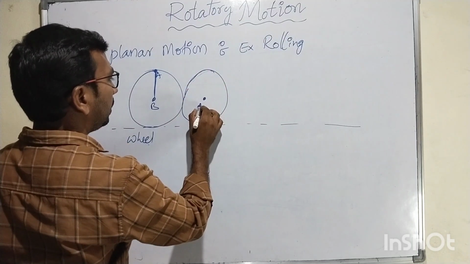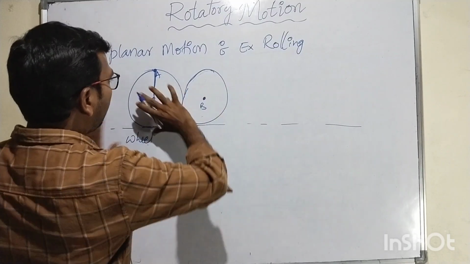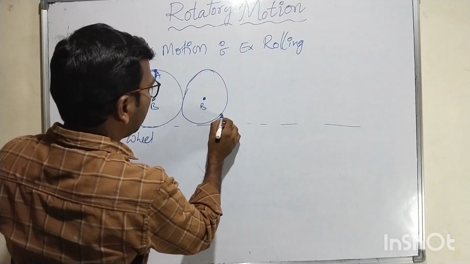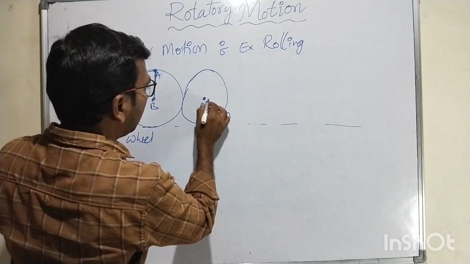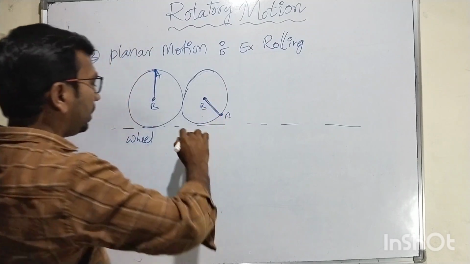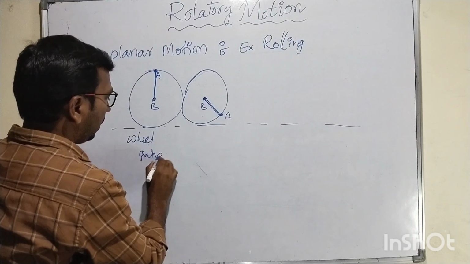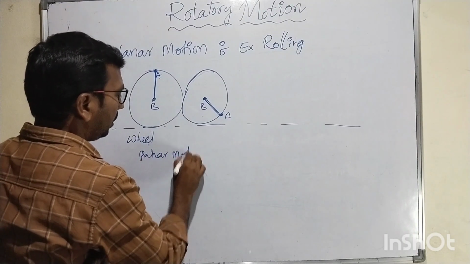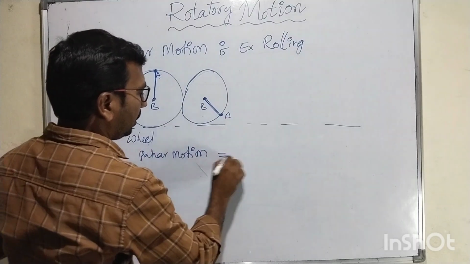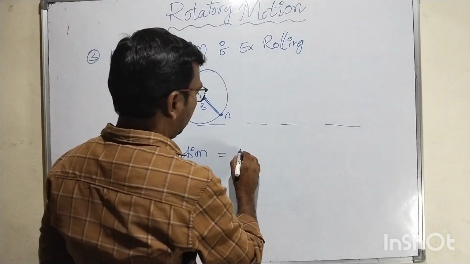suppose this is point B, and when the wheel rotates, this point comes here, so this one is A, moving like that. So this is what? Planar motion. Planar motion includes translatory motion.